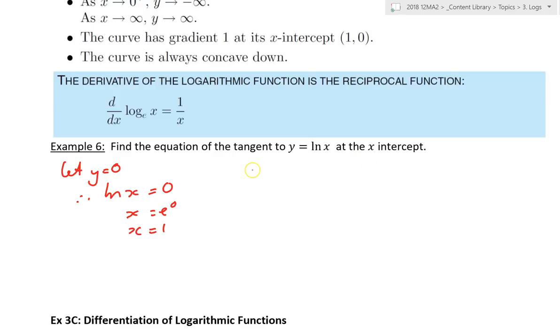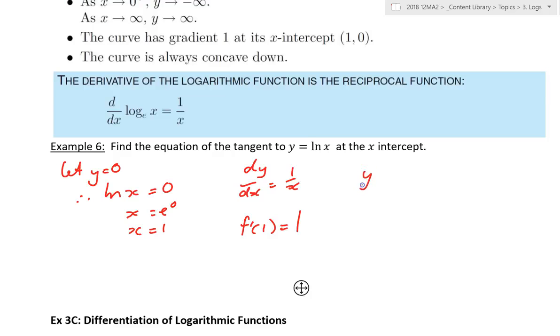We know that dy/dx equals 1 over x. So I'm going to say, let's say, f prime of 1 equals 1 over 1 equals 1.